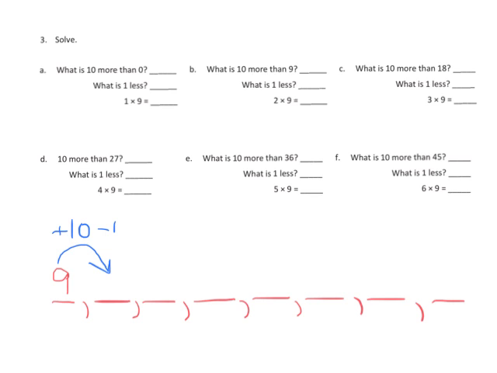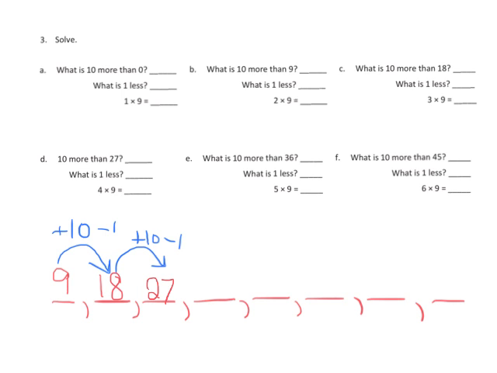So we're going to skip count by 9 by adding 10 and then subtracting 1, and that gives us 18, because 9 plus 10 is 19, minus 1 is 18. Let's repeat that process. We're going to add 10 and then subtract 1. So 18 plus 10 is 28, minus 1 is 27.